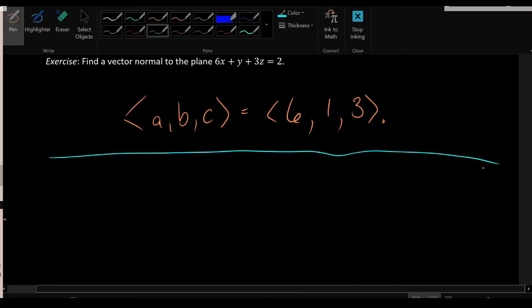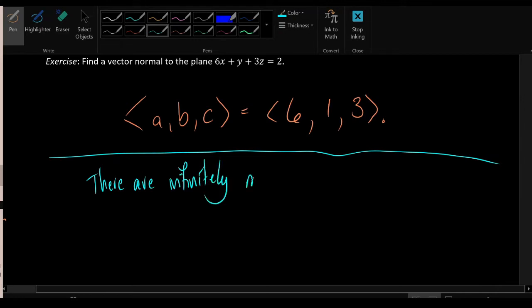Now I want to point out something that's important about this idea of a vector normal to a plane. And that's that there are infinitely many normal vectors perpendicular to a given plane.